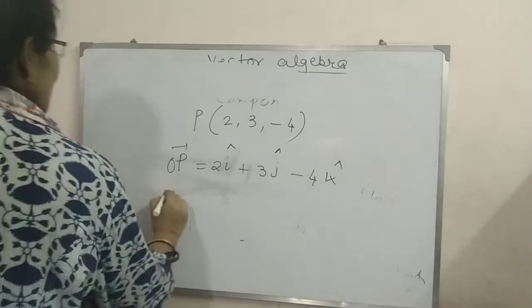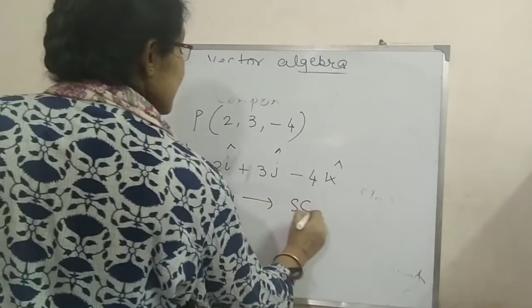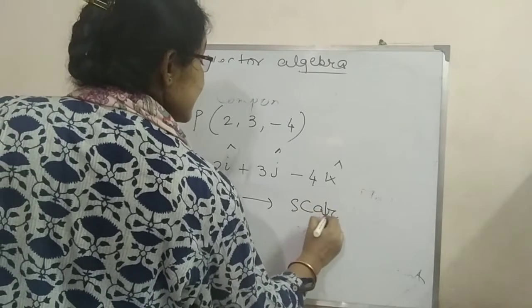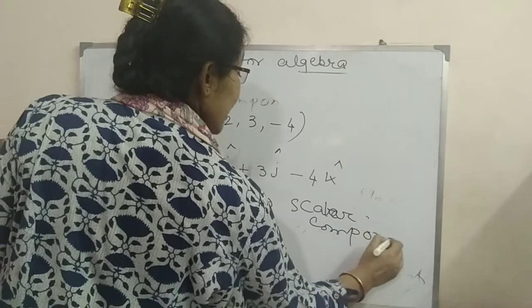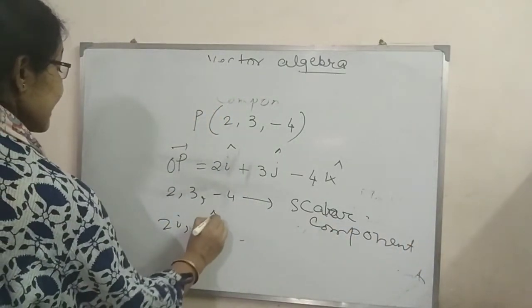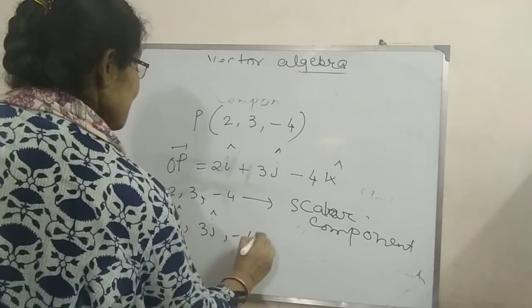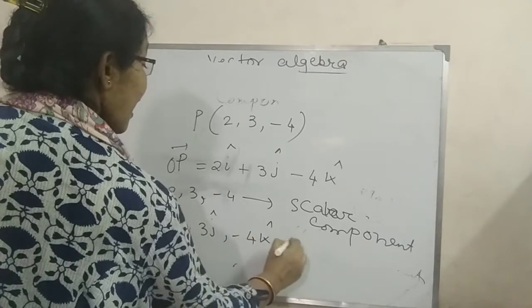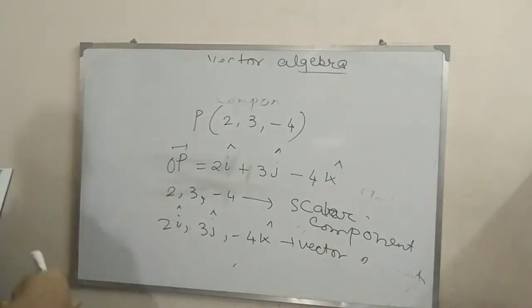Here 2, 3, minus 4 are scalar components and 2I, 3J and minus 4K are vector components.